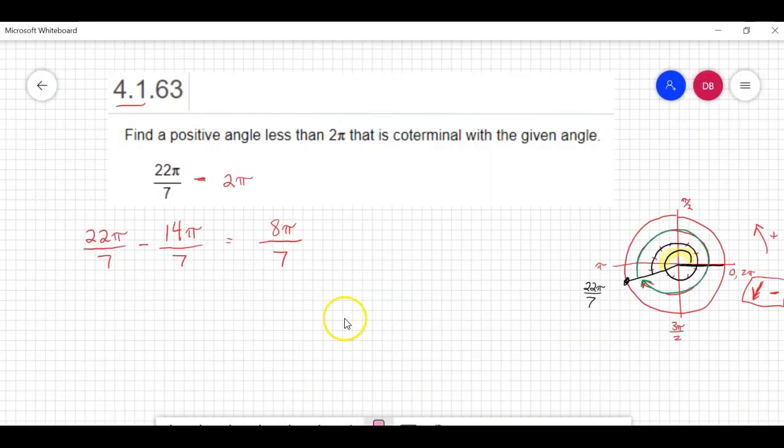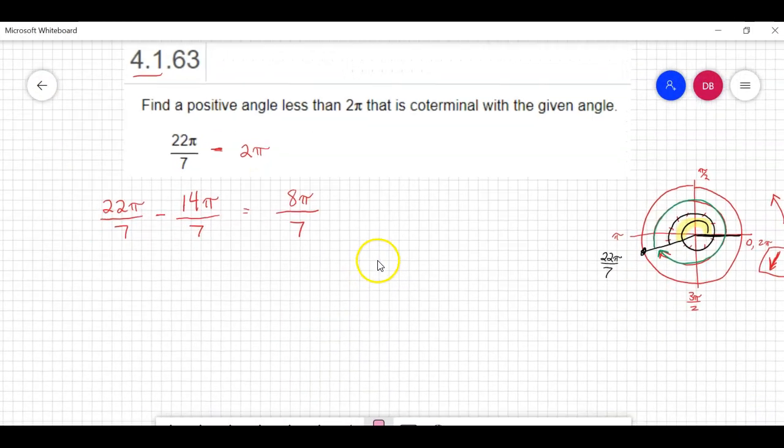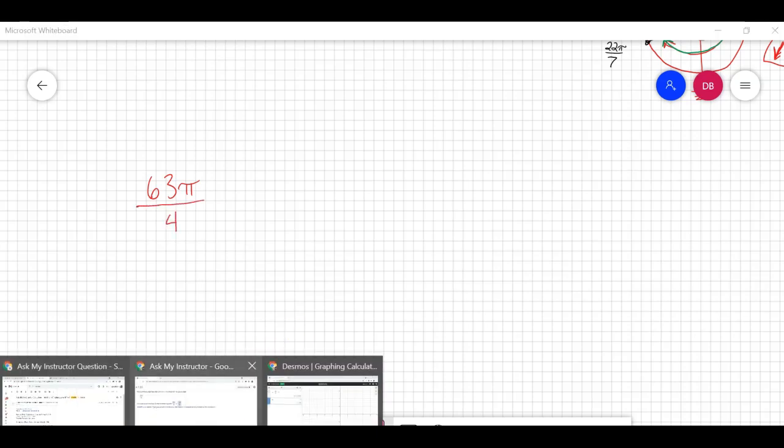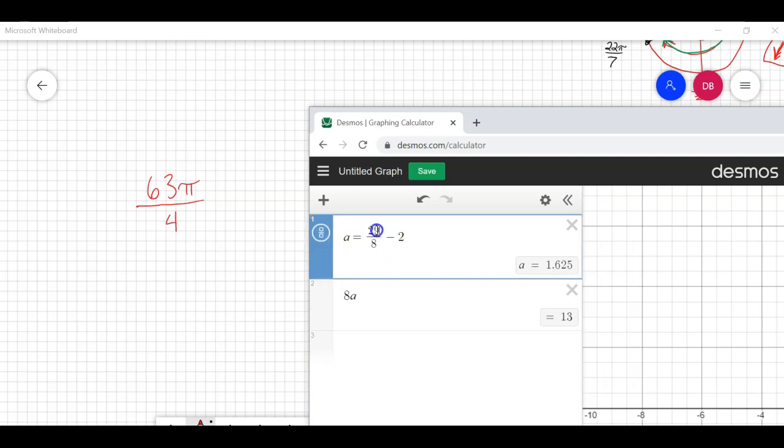Things to be mindful of here if you're going to do something like that. What if my original number was something like 63 pi over 4? If I did something like this and started off with the 63 over 4, notice A is not smaller than 2.